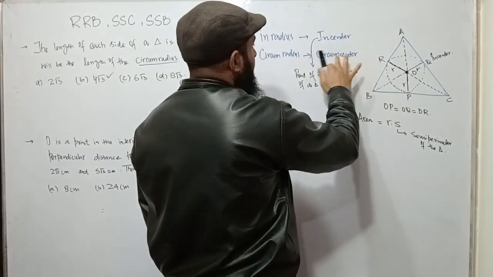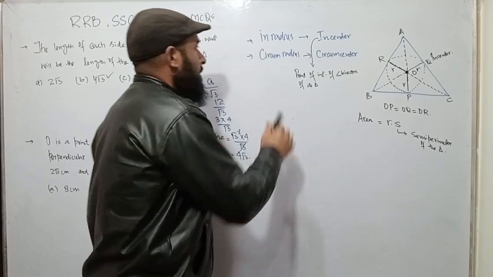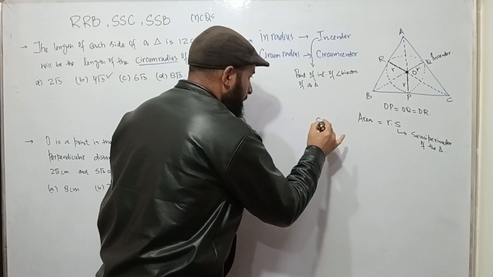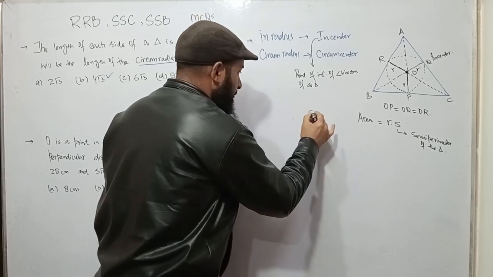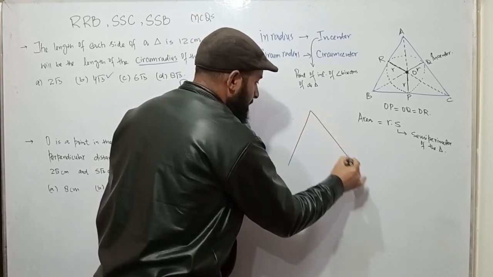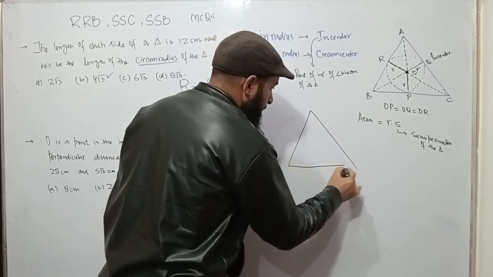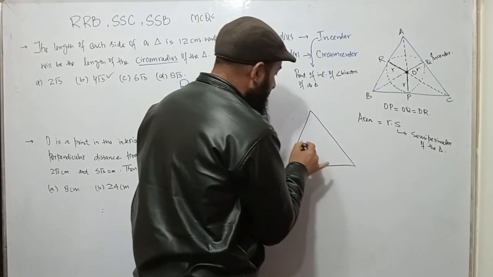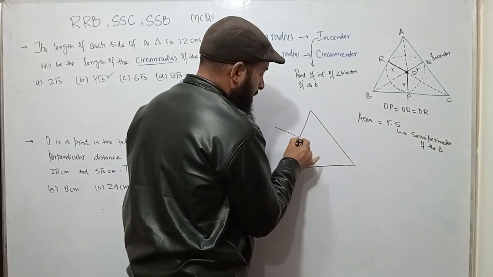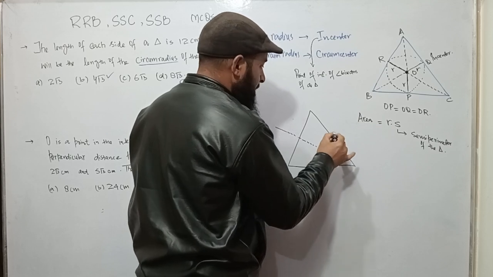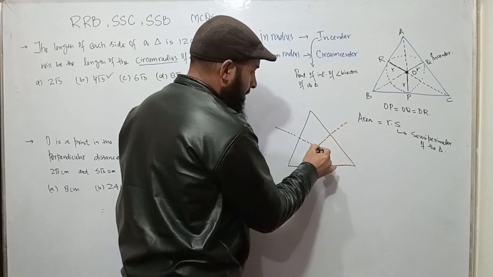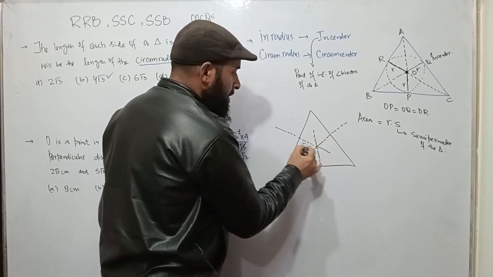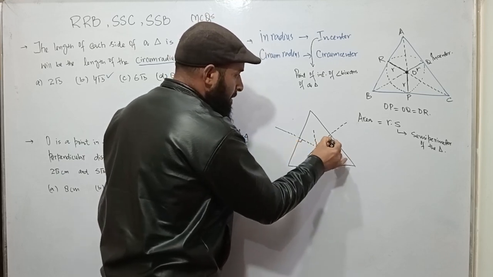Again, now what is the circumcenter? If we have a triangle and we draw the perpendicular bisectors of these sides, these are the perpendicular bisectors of the sides.